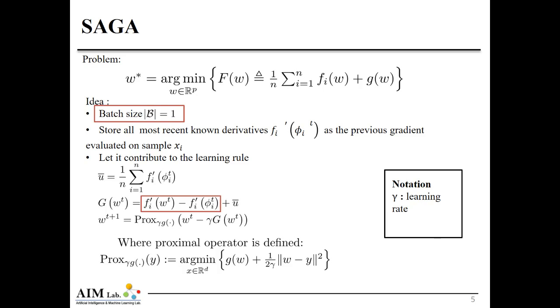Saga yield path size 1 and store one more present node derivative fi prime, that is the reverse gradient, evaluated on sample si. And let it contribute to the learning rule by sum average of them.